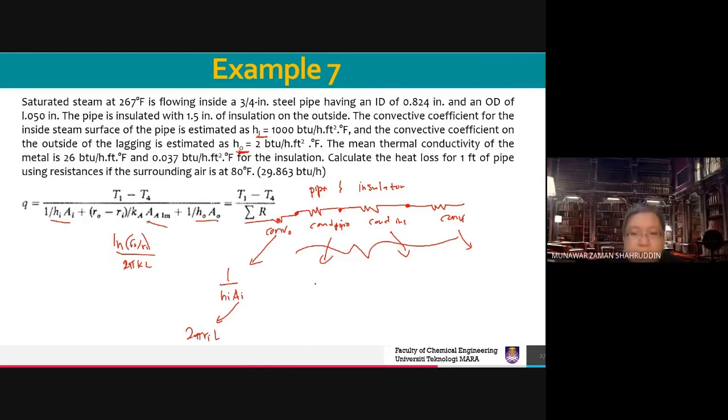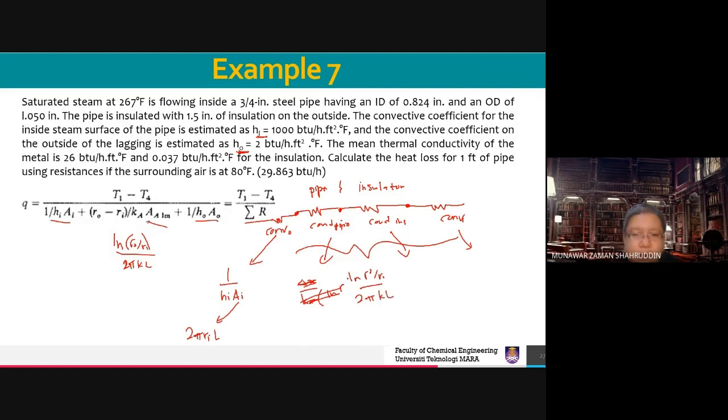So yang ni delta X over KA ln R ataupun apa namanya macam ni ataupun ln R2 over R1 over 2 pi KL.